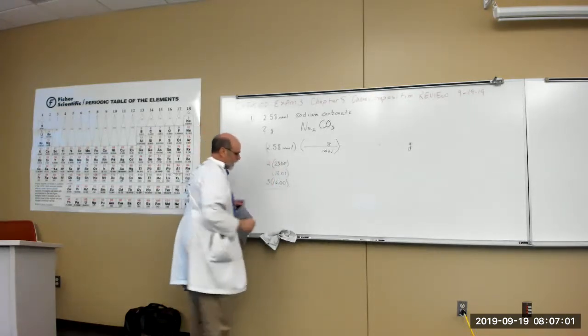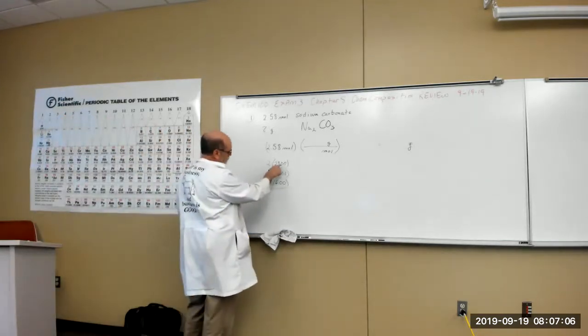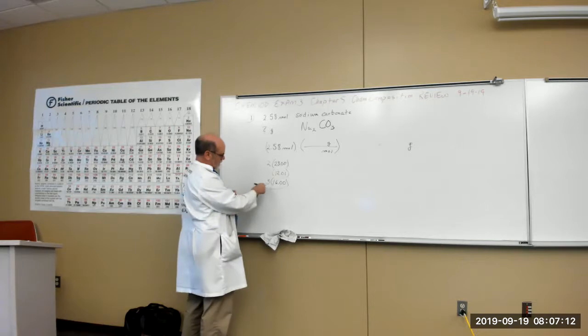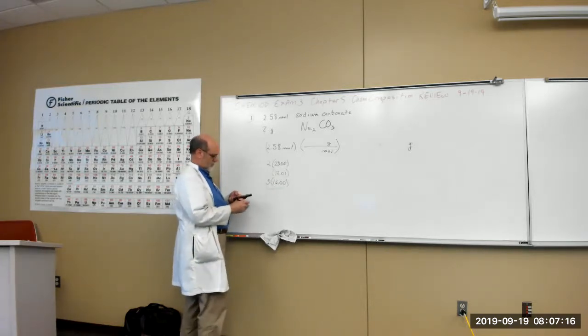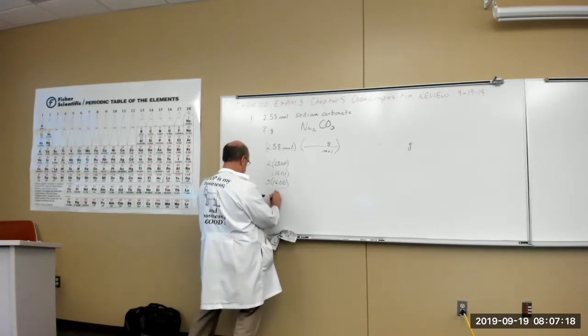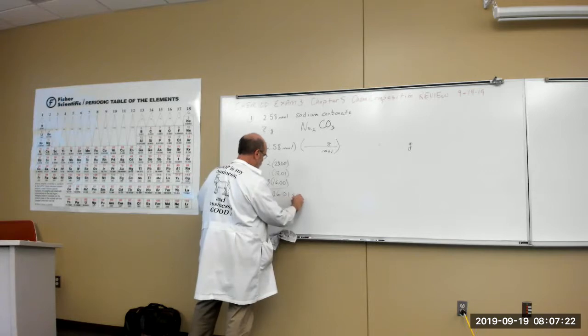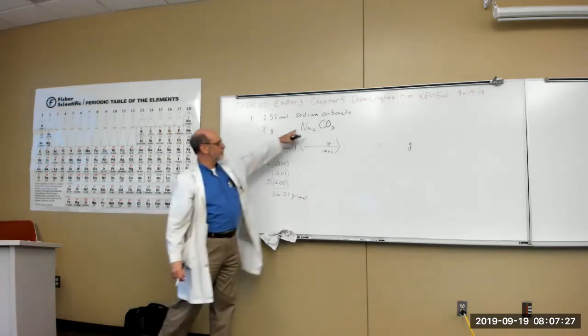Okay, so now we need to find out what this value is. So that's 46, right? This is 12.01. And this is 3 times 16, 48. So that's 106.01 grams per mole. That's the molar mass of this compound.